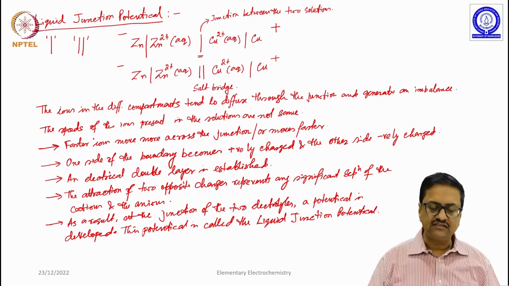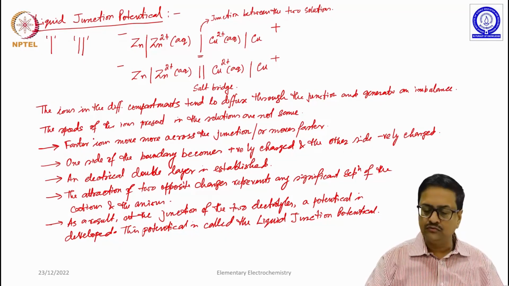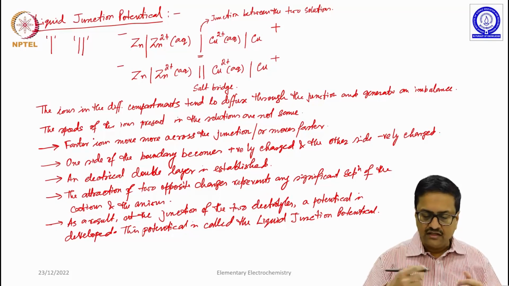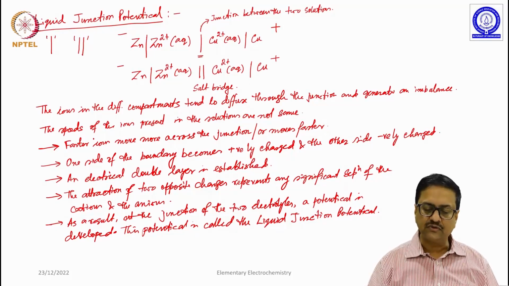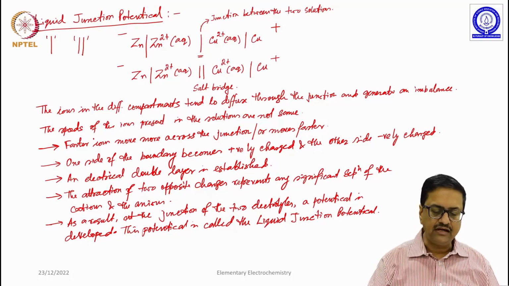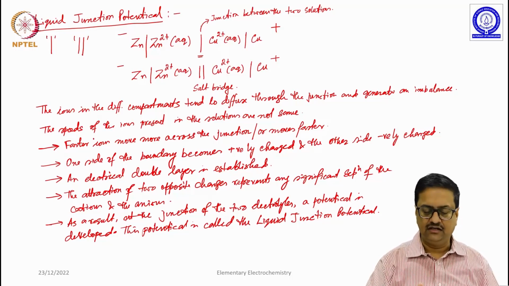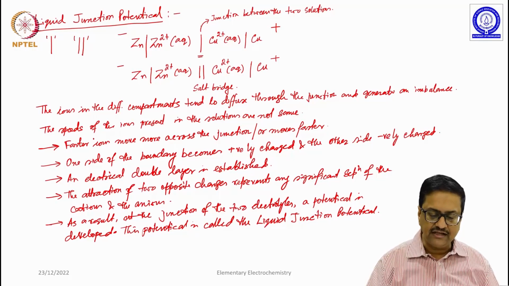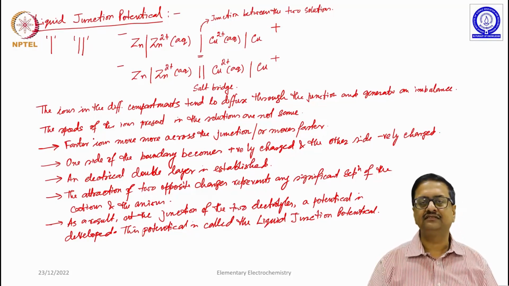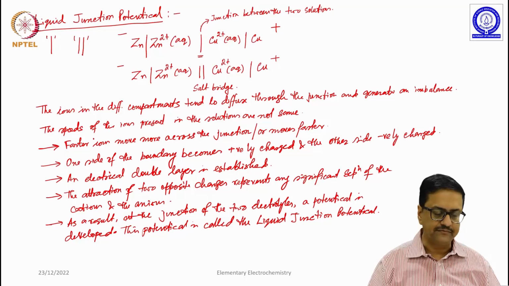This liquid junction potential, which is created inside the cell between the two electrolytic solutions, cannot be determined using a potentiometer, and it prevents the passage of ions after it is developed, and hence hampers the electrochemical cell and affects its actual cell EMF.